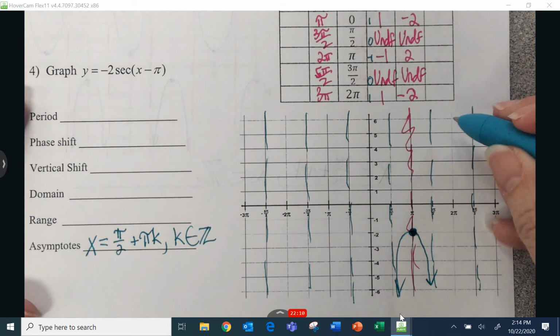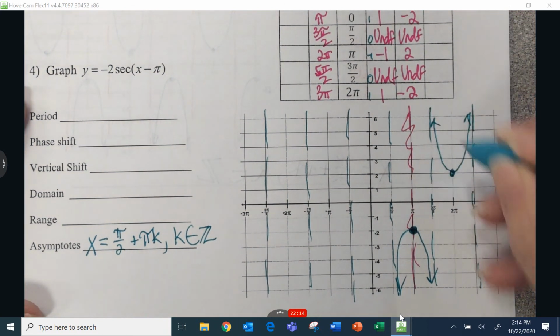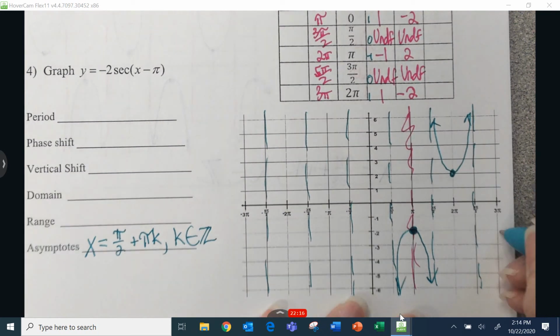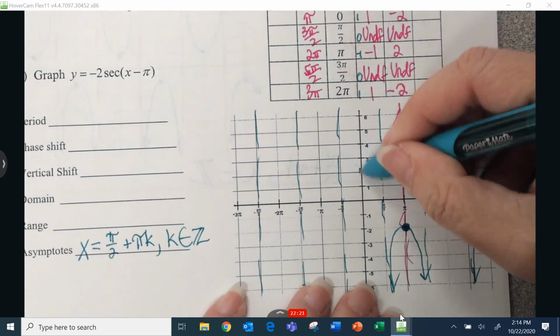2 pi is 2. 3 pi is negative 2. And then I'll just finish my pattern.